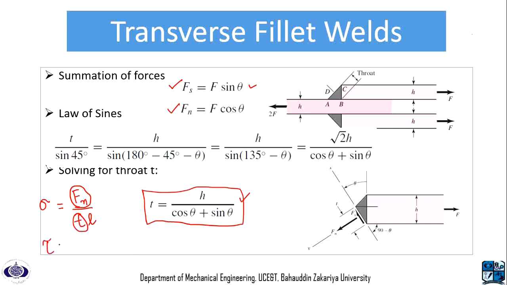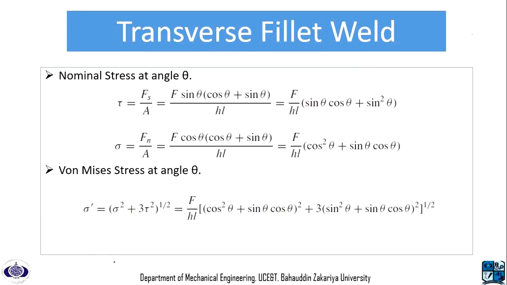Similarly, we are going to change this formula. Shear stress is equal to Fs over TL. So you can see that we have replaced this Fs and T with F and H, and we have this formula for shear stress as well as this normal stress formula.